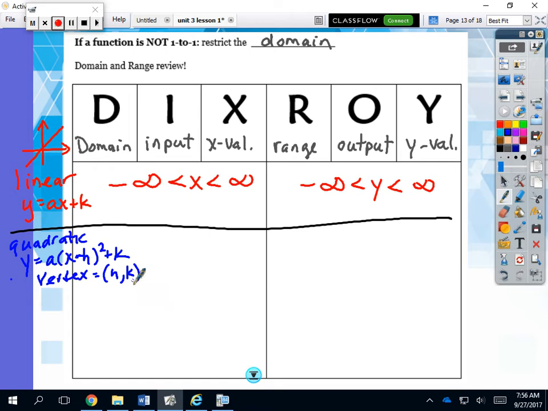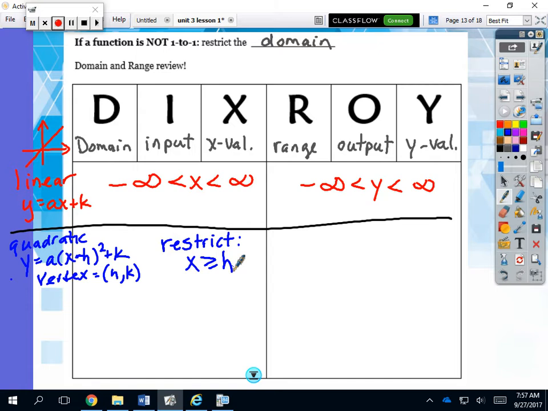If the vertex is (h, k), and remember I want to restrict my domain at the vertex, I want to restrict my domain at this h value. So normally the quadratic function would have the same domain as the linear function. But if we restrict it, because we know that it's not one-to-one, we have to say that the x's are going to be greater than or equal to whatever that number h is.